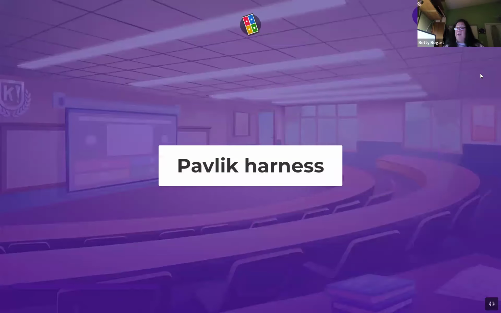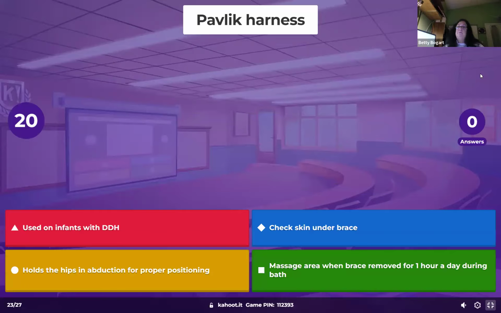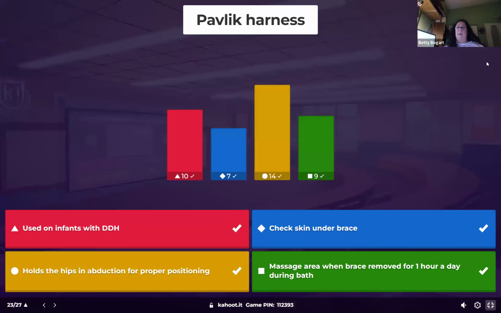A Pavlik harness. What's that? So a Pavlik harness is used on children born with congenital hip defects.